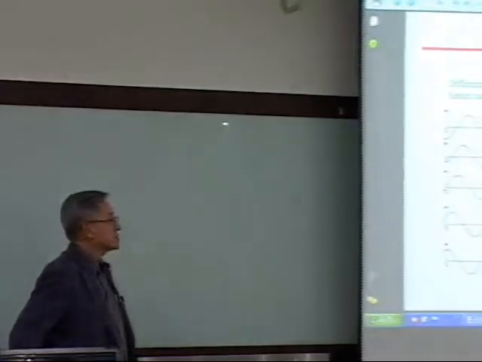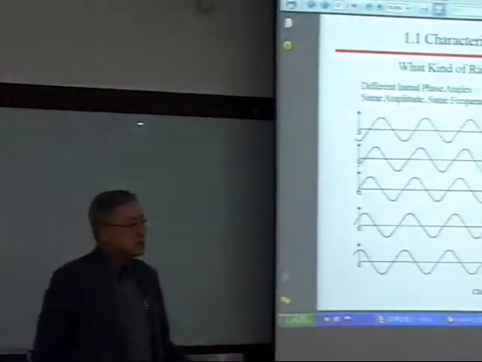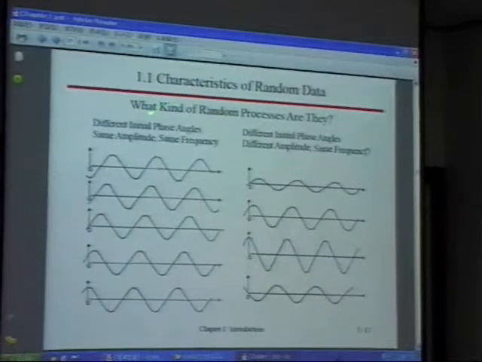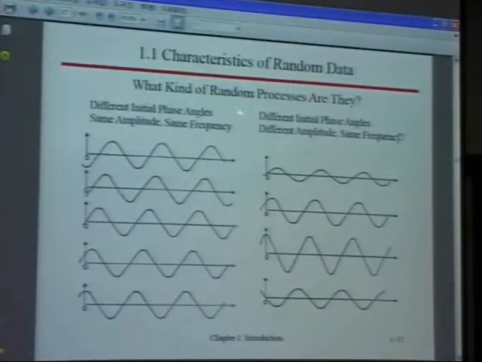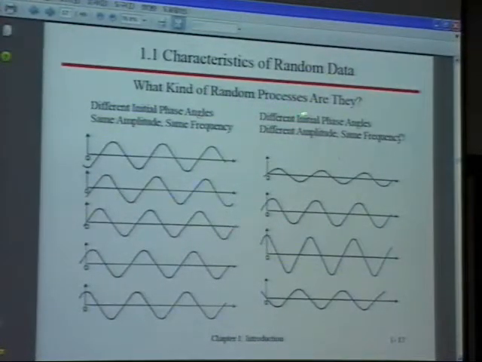Okay, now quiz. Quiz is like this. My first quiz. It has two sets of quiz here. What kind of random process are they? This is one set of the process, okay? One set of the process. It's a different initial phase angle.